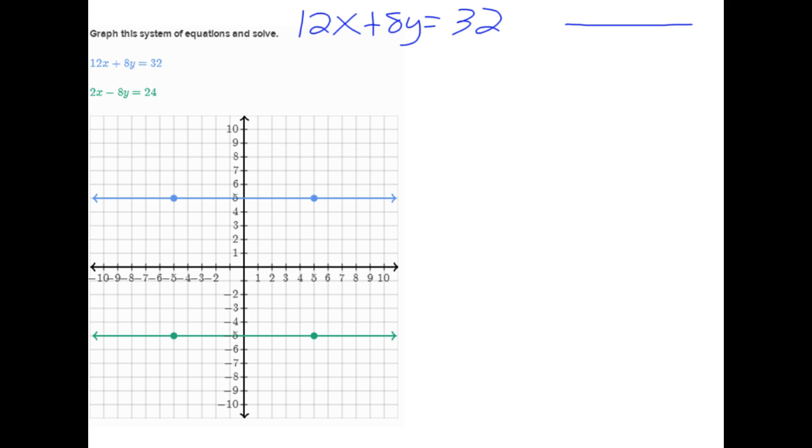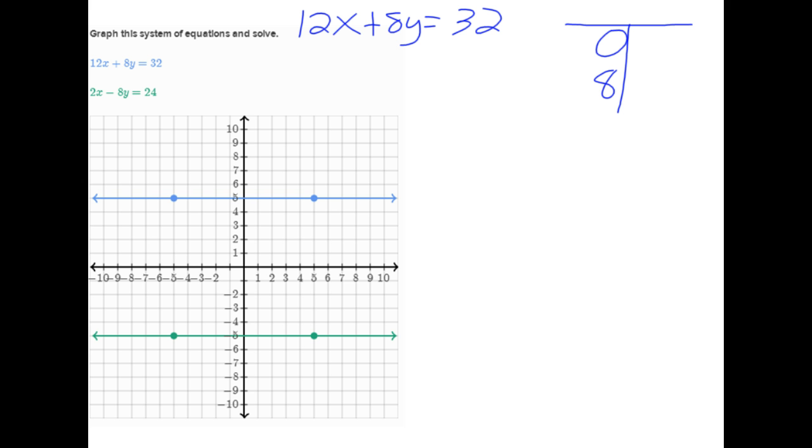My t-table, I'm going to go 0, and it is an 8y, so I'm going to use 8. You could use 2, because that'll give you 24 here. But I'm going to use 8, show you what happens, and then you might have to come back and make adjustments.